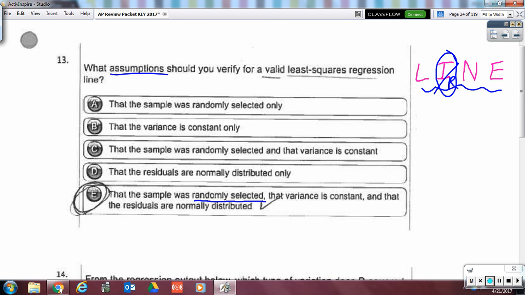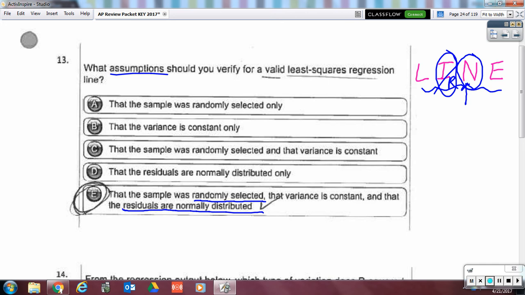What does N in our conditions stand for? Normally distributed residuals. The residuals are somewhat normally distributed. Normal probability plot, so normal distribution of the residuals, and that's that. And E stands for equal variance in the residual plot.